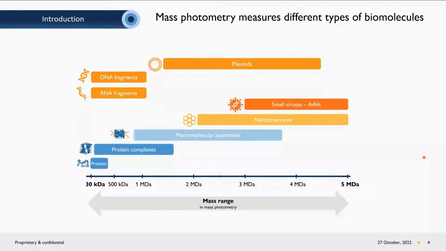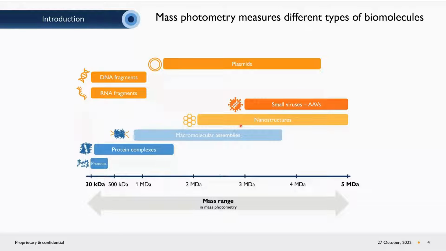So we can measure the mass of molecules in the range of 30 kilodalton to 5 megadalton, and we're not limited to any specific molecule. So in the low range, we can see proteins such as monoclonal antibodies, but also smaller ones. We can see protein complexes and all the way up to macromolecular assemblies.